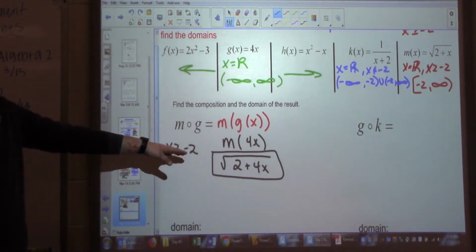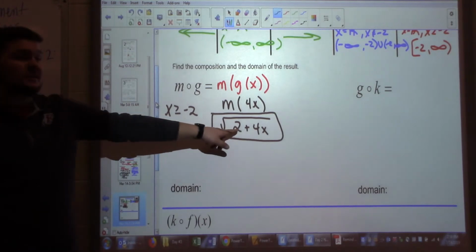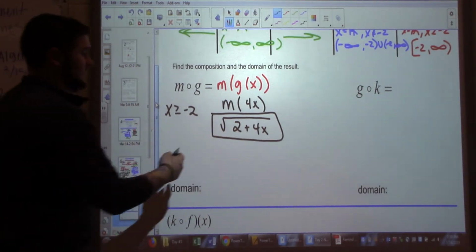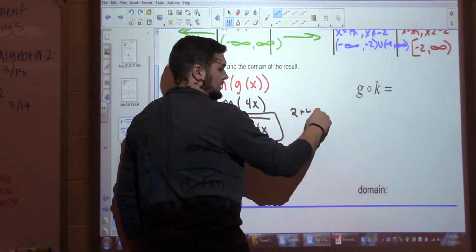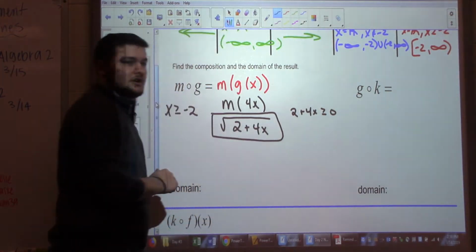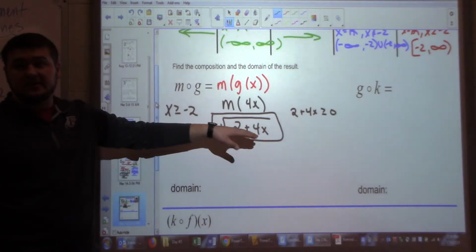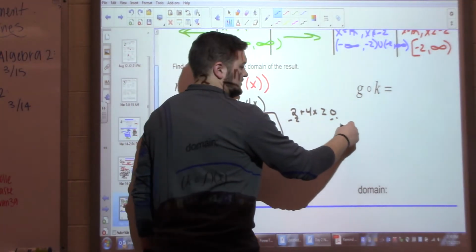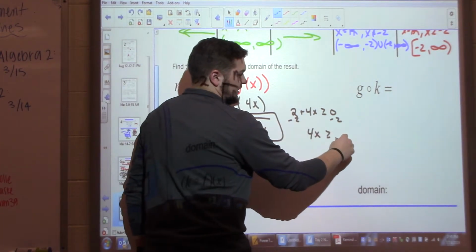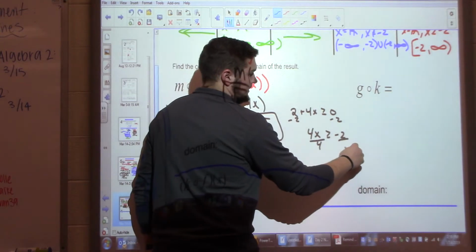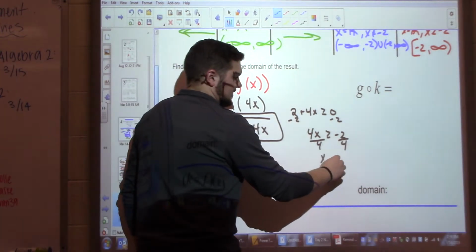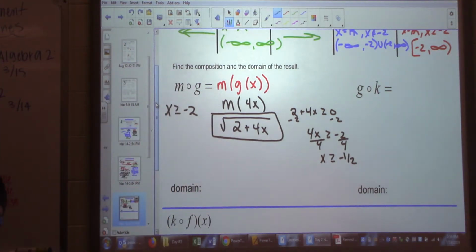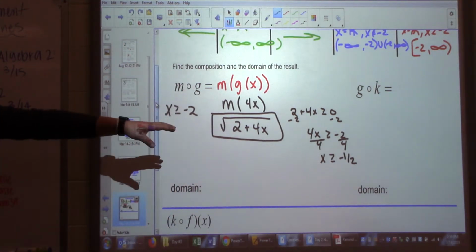So I'm going to put it over here for now, because I know this radical here is going to give me another restriction. So I'm going to figure out 2 plus 4x greater than or equal to 0. I can't have a negative under that radical, so I'm going to set it greater than or equal to 0. Minus 2. 4x greater than or equal to -2, and then divide by 4. X is greater than or equal to -1/2. So that's my other restriction for this problem.